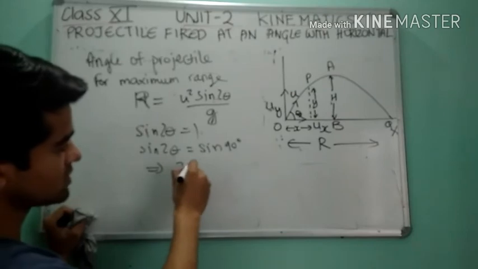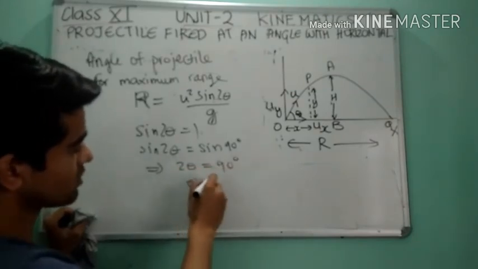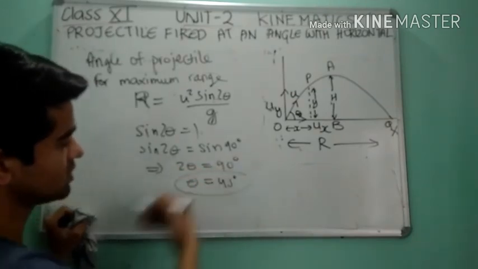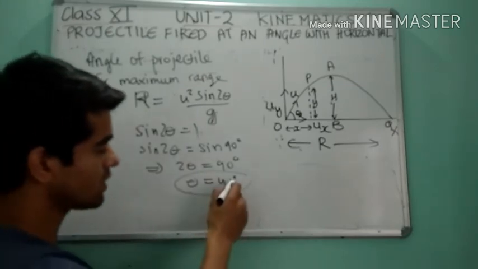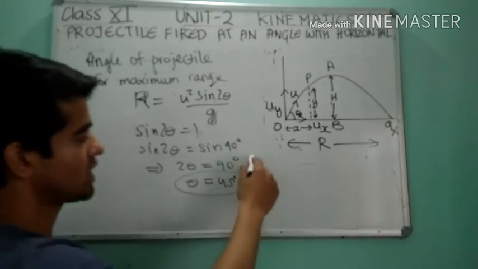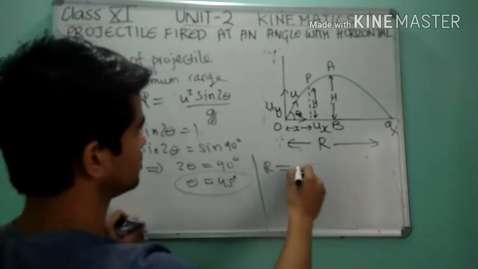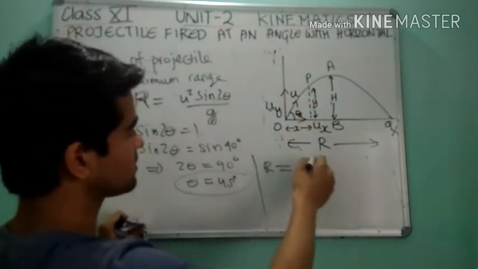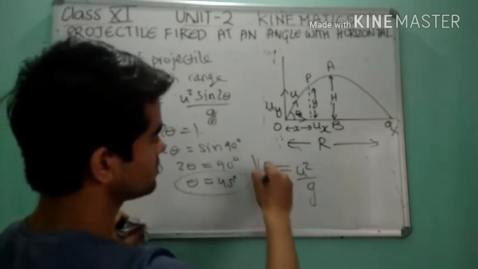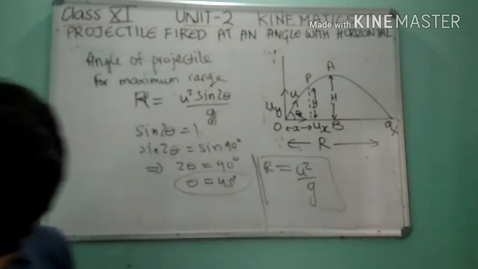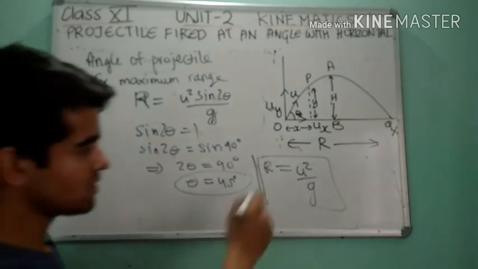So 2 theta is 90, theta is 45. So for maximum range, you have to throw the projectile at an angle of 45 degrees. Again, the maximum range will be u square sine 90, which is 1, so u square upon g. This will be the maximum range, R max.